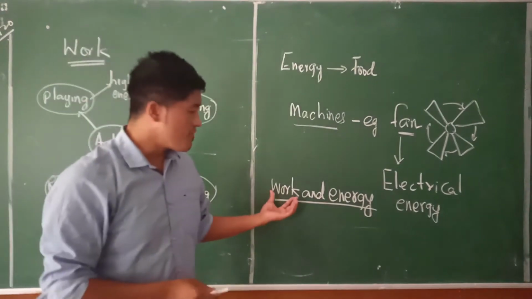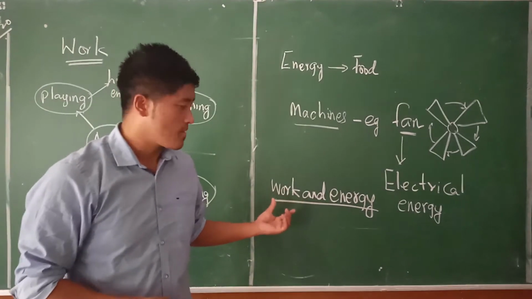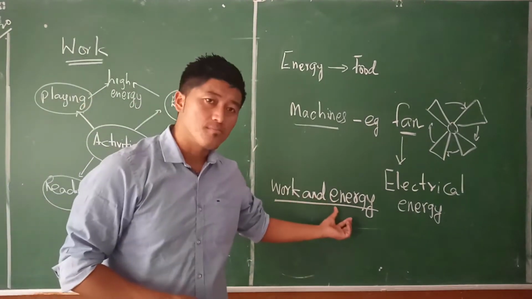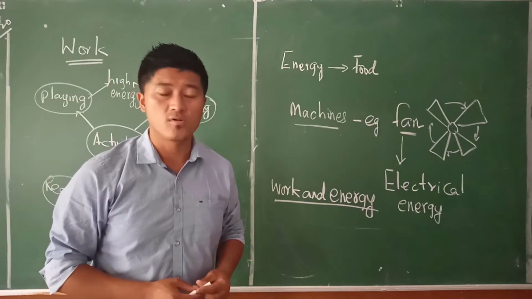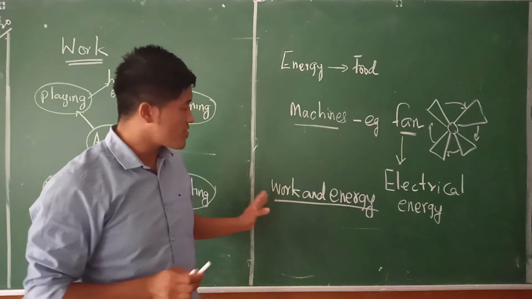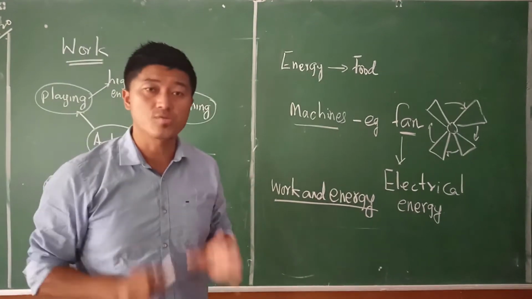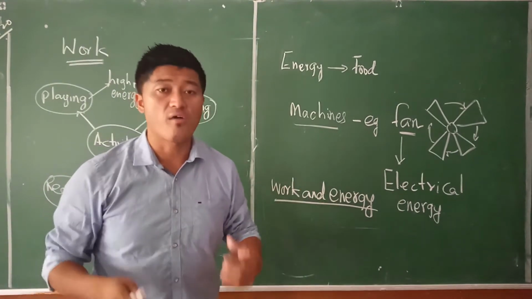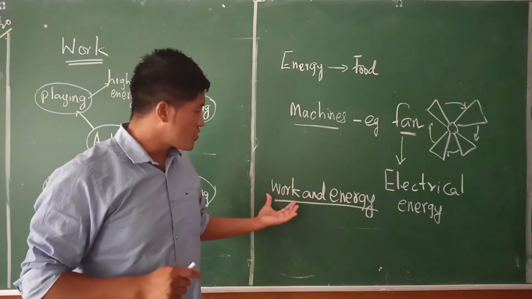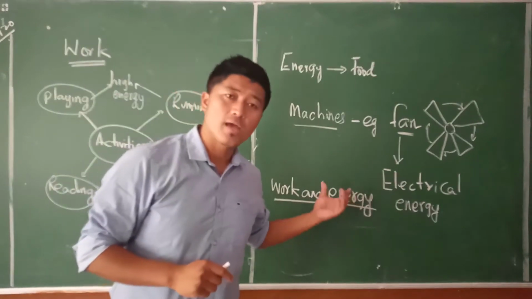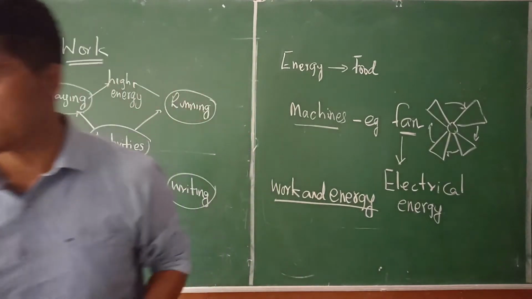Because if you want to do any work, you always need energy. In the absence of energy, you won't be able to do any kind of work. Is that clear? This is a very important point you should know, that work and energy are deeply interrelated, because in order to work, you always need energy.